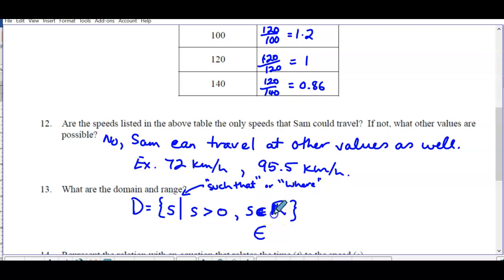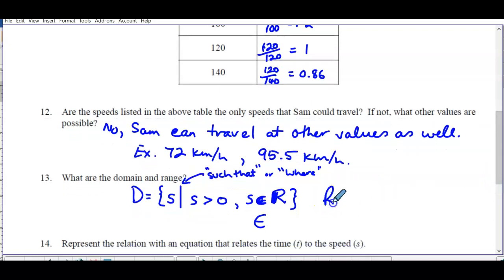In textbooks, sometimes you'll see it bolded. Okay, but that just means you'll have every decimal value, fraction or decimal that's greater than 0. Now, as I said, technically there's a limit to your vehicle and speed limits and all that kind of thing, but ideally S could be greater than 0 to infinity.